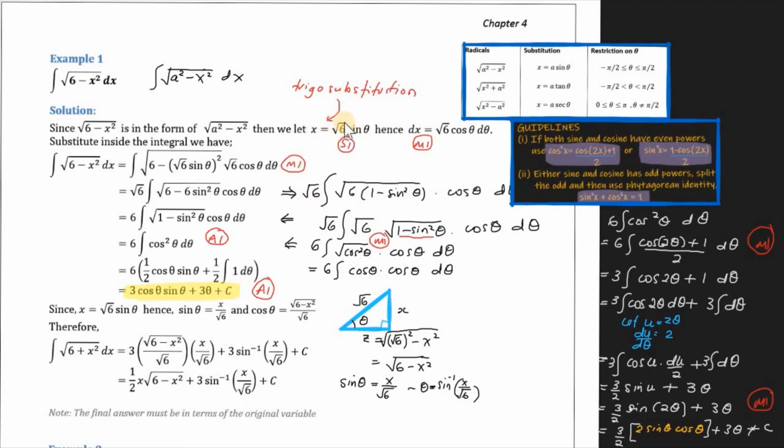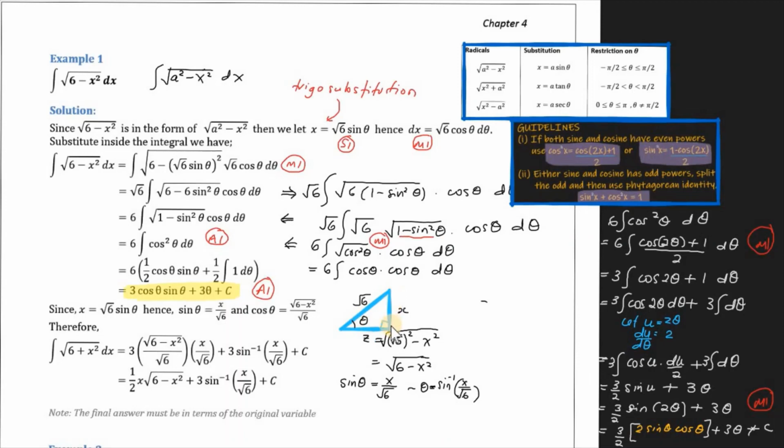So how to get that square root 6 sine theta, which is dx? So up to that level, you have to get that x being square root 6 sine theta. And I say that sine theta, definition of the sine theta is x over square root 6.